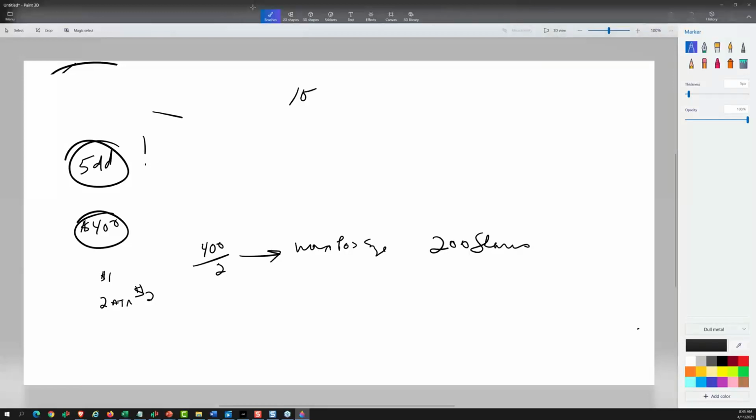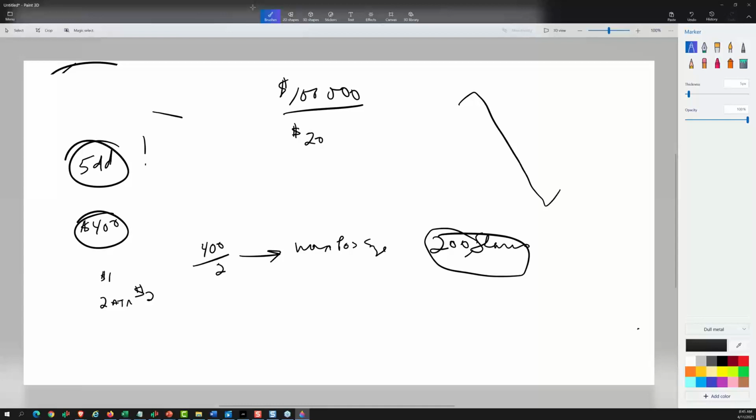And let's say he has $100,000 in the account, and the stock is trading for $20. What he's supposed to do on this little 5-day down, and it ends in a doji, and maybe that doji is, we'll call it, 40 cents, and the 2 ATR stop is $2 full.